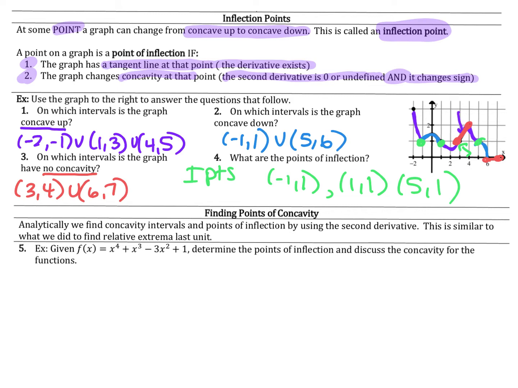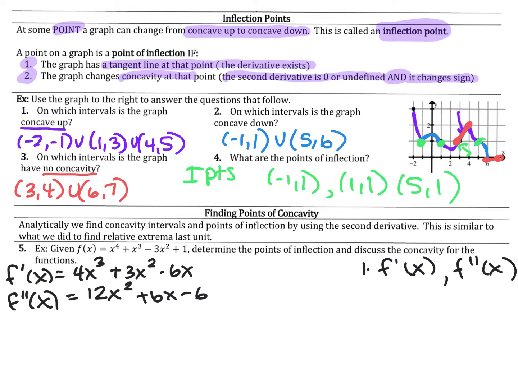The very first thing that we're going to do is find the first derivative and the second derivative. So go ahead and pause the video and find the first derivative and the second derivative. So here we have our first and second derivatives. Both of these exist everywhere since they're polynomials.